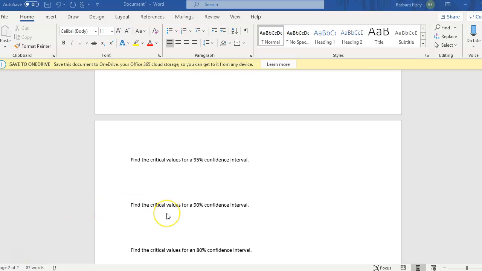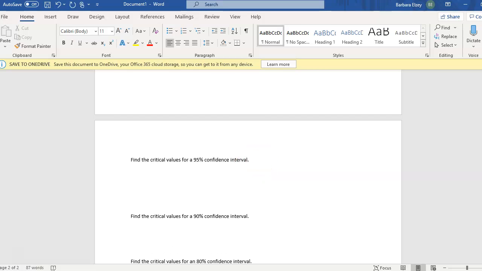We're going to see that this process is going to be the same regardless of what percentage of a confidence interval we want. So our first exercise says find the critical values for a 95% confidence interval. Our first thing that we're always going to do when looking for critical values is change our 95% into a decimal, 0.95, and subtract it from 1.